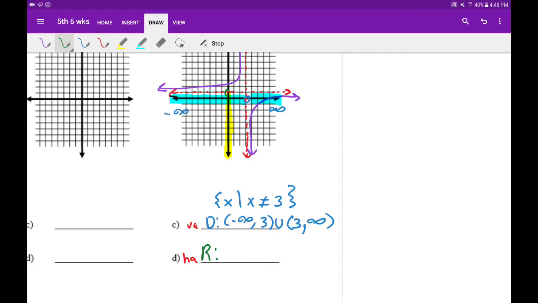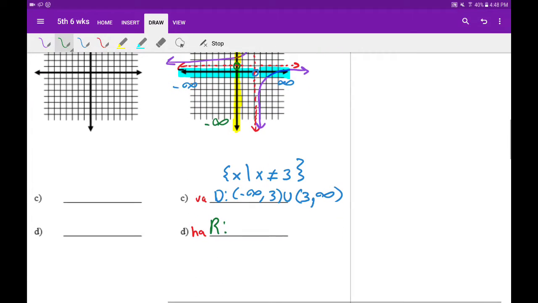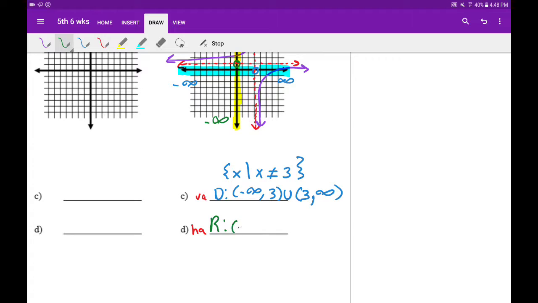Right there at 1, we have an asymptote going through, so we cannot use that number. Then the rest of the y-axis continues up into infinity, and negative infinity down here. So our range is from negative infinity to 1, union 1 to infinity, or the set of y such that y cannot equal 1.